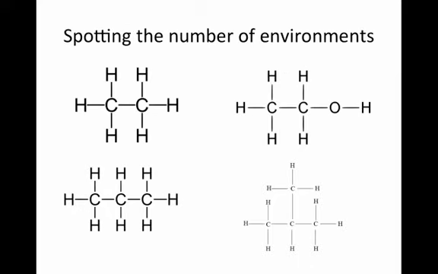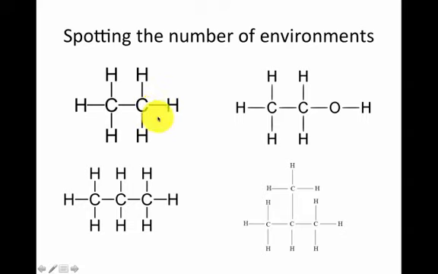So we're going to have a look at how to spot the carbon environments here. First molecule we're going to look at is ethane up here. Now, this carbon has got 3 hydrogens and another carbon bonded to it, as has this one. Clearly, they are the same. You would not be able to identify which one you had pointed to originally if I spun it around.